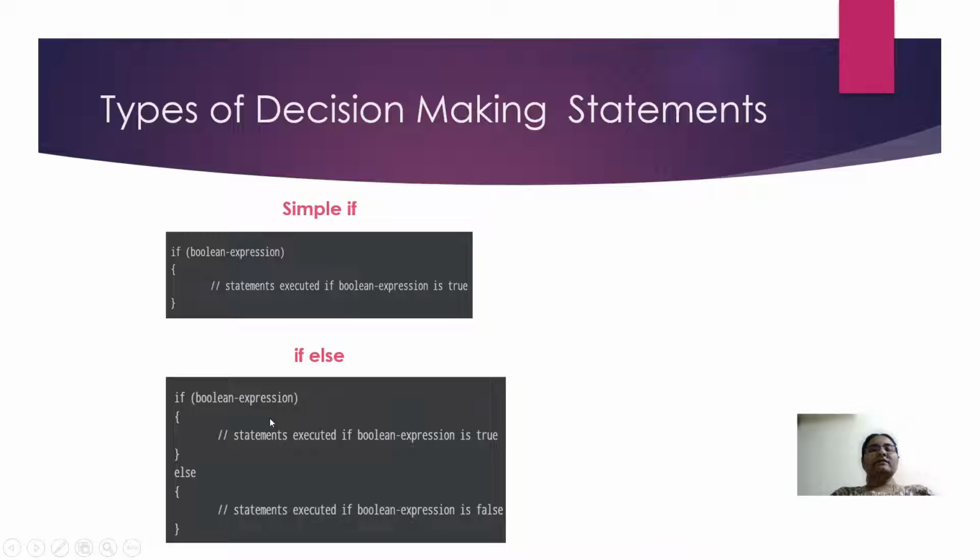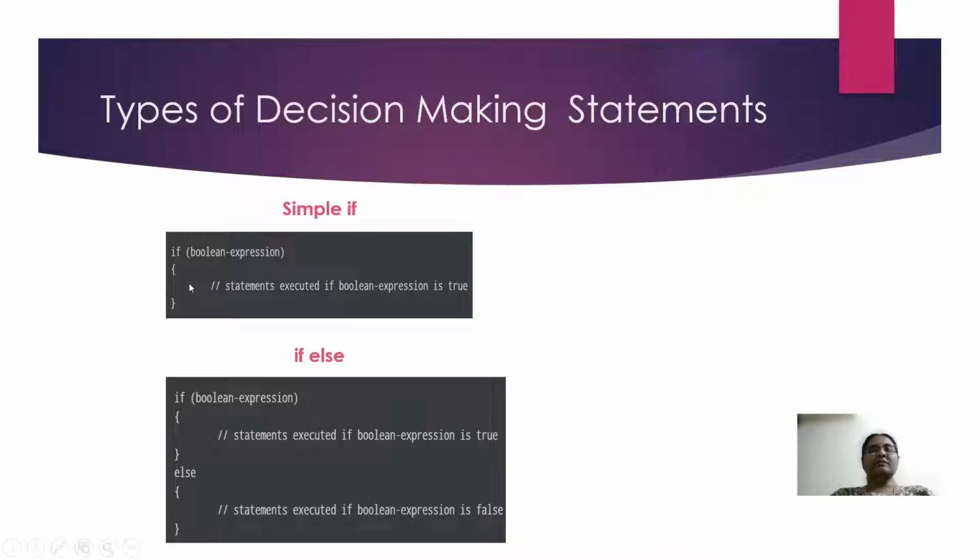If it evaluates to true, then it will get into this if block and execute the set of statements inside the if block. Otherwise, it will move to the else block. That is, if age is not greater than or equal to 18, then it will switch to the else block and execute the set of statements provided inside the else block.